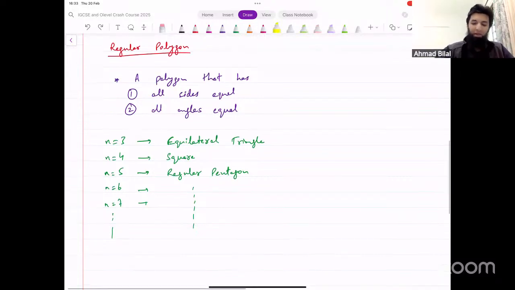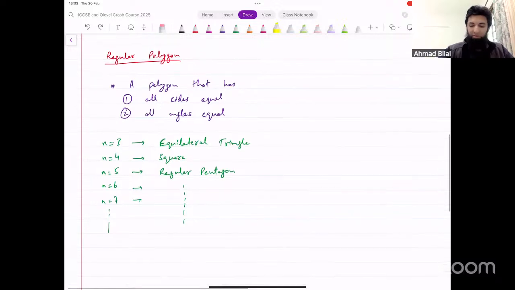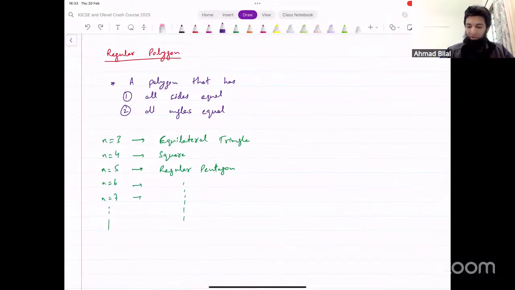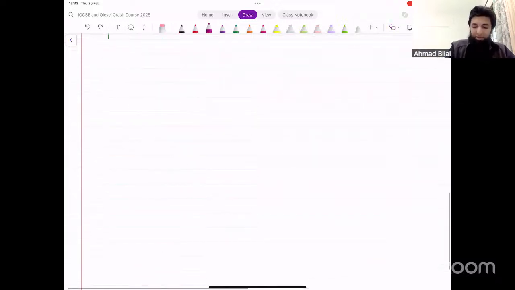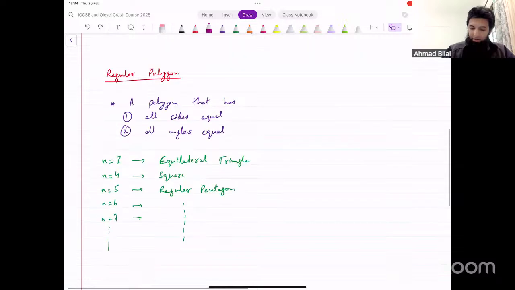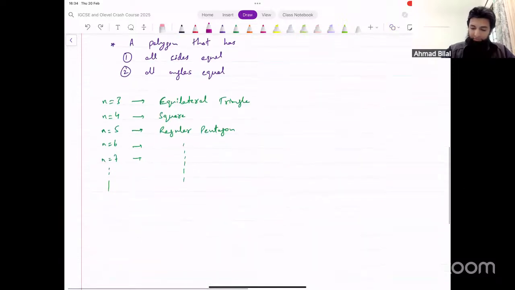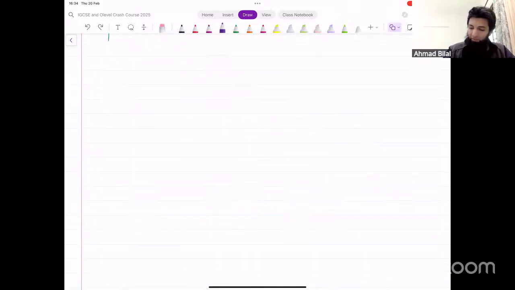Okay. Now let's take an example of a regular polygon. Or in fact, let's talk about regular polygons later. Let's take an example of a general polygon, any polygon. And let's suppose we have something like this.